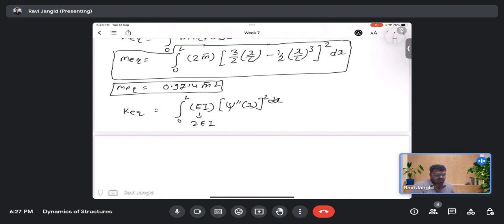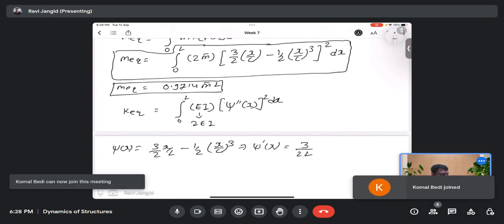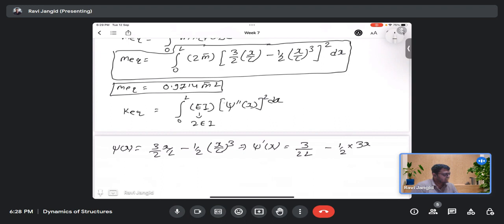Let's do the double differentiation. The shape function is 3 by 2 x by L minus 1 by 2 (x by L)³. If you do the first derivative, for the first term it will be 3 by 2L, and for this term it will be coming out to be 3x by L².